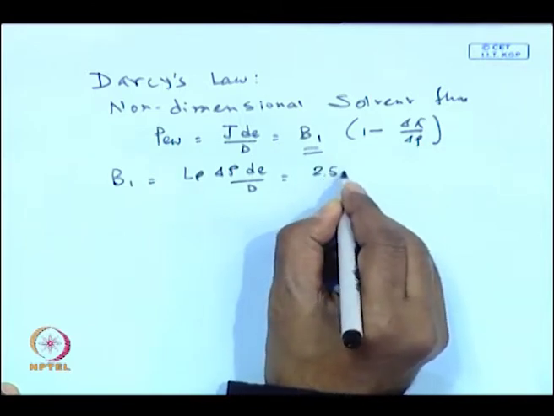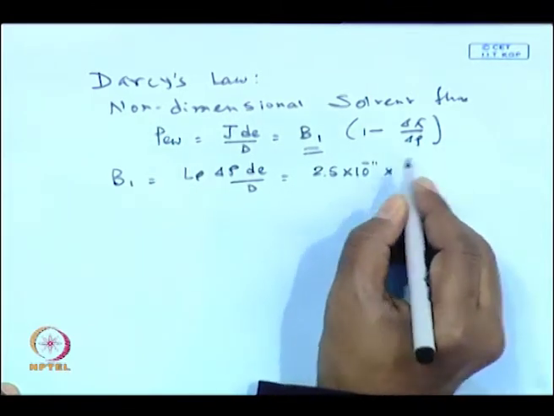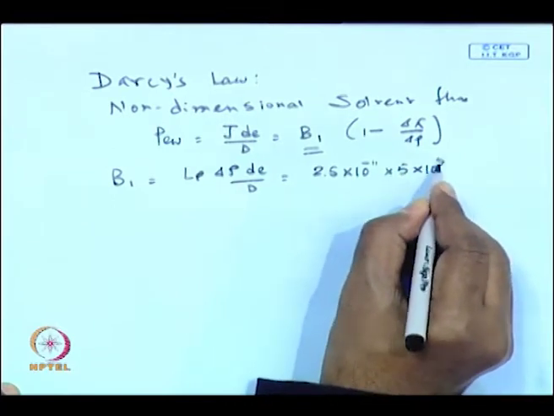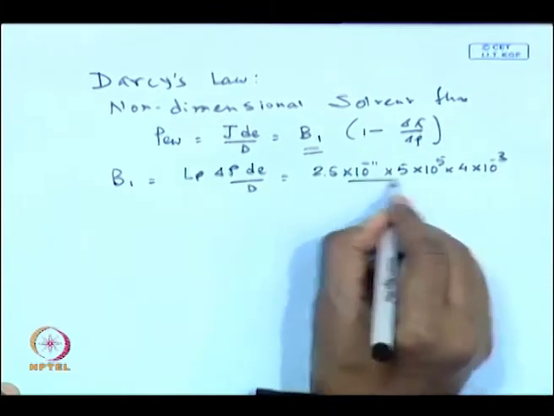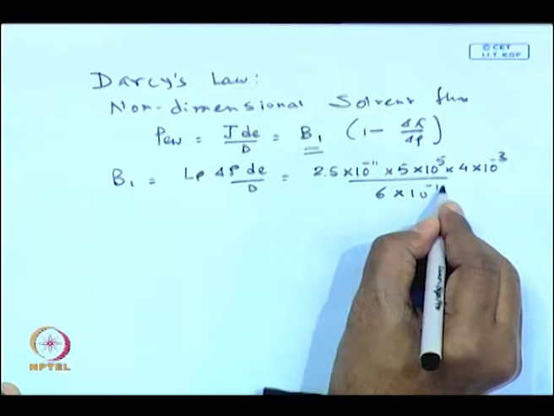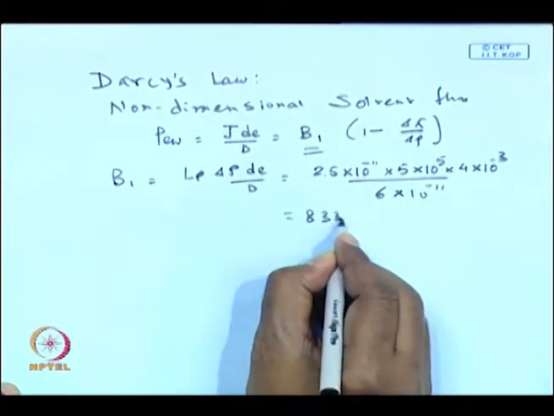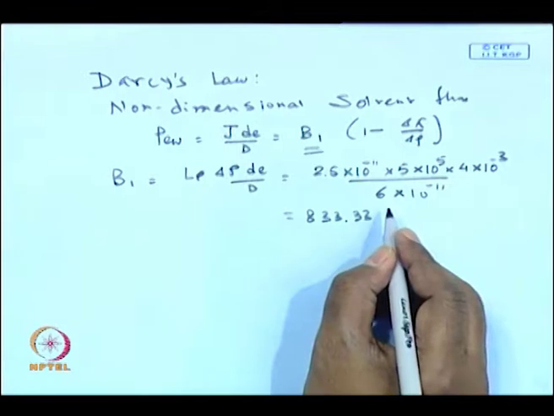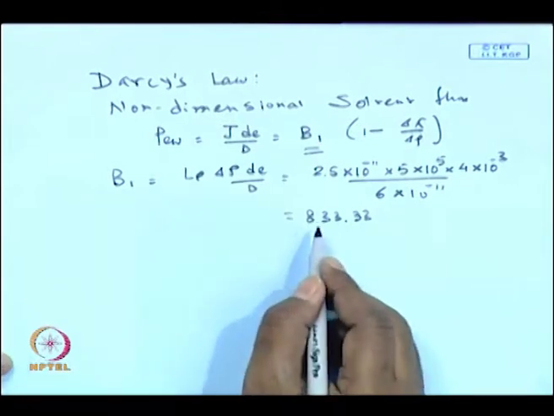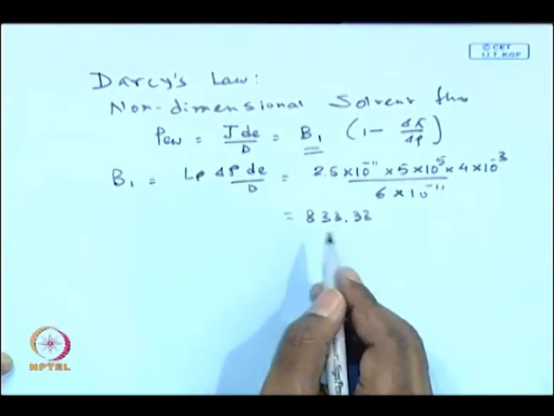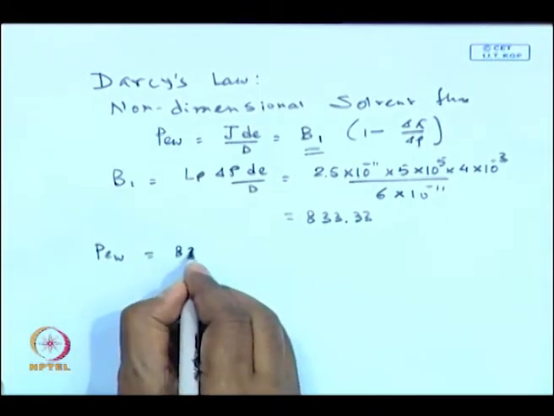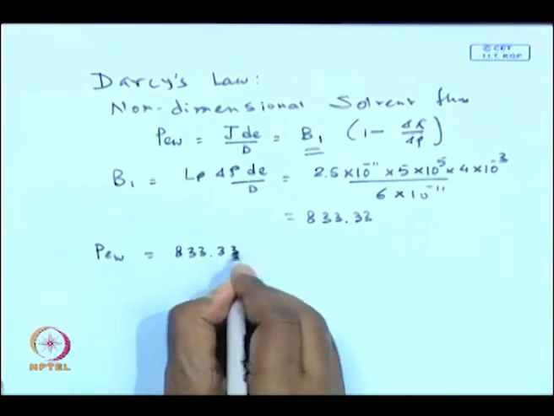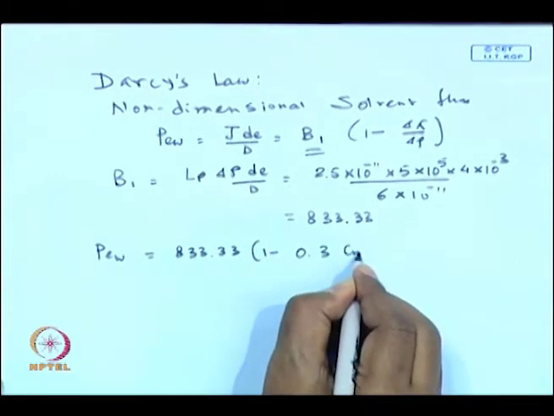The Lp was 2.5 into 10 to the power minus 11, delta p is 5 into 10 to the power 5 Pascal, the equivalent diameter will be 4 into 10 to the power minus 3 and diffusivity will be 6 into 10 to the minus 11, and it turns out to be in the order of 833.33. So, the non-dimensional parameter B1 for the case of ultrafiltration will always be in the order of 1000. So, you can have PW equal to 833.33 into 1 minus 0.3 cm star.